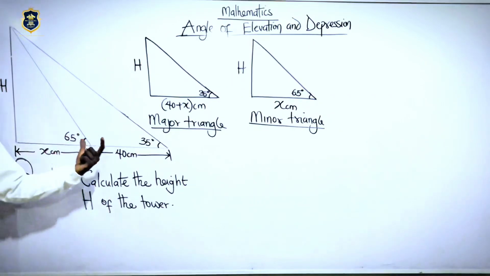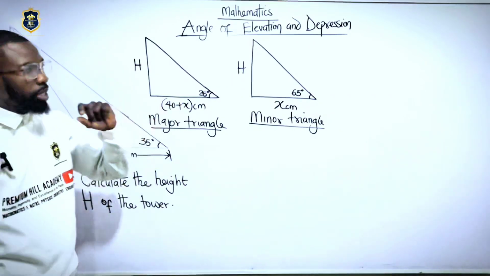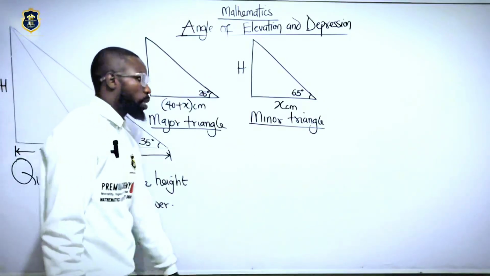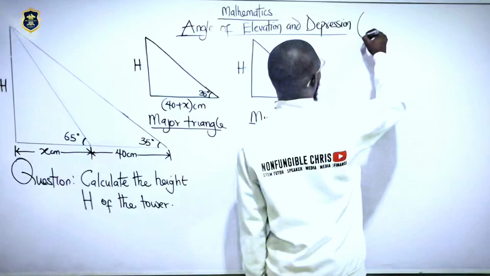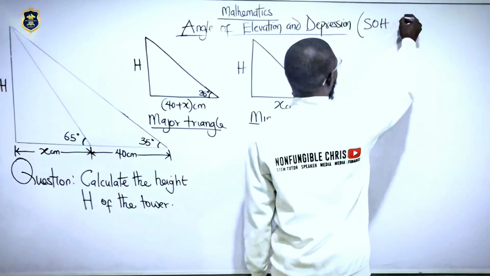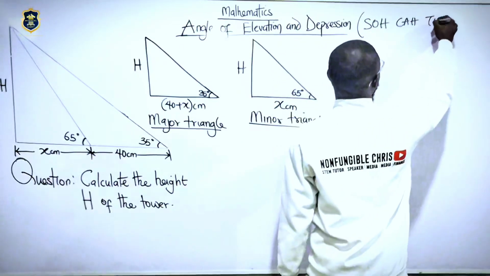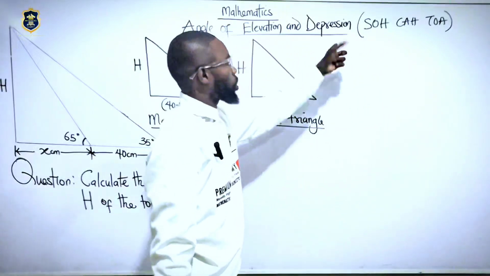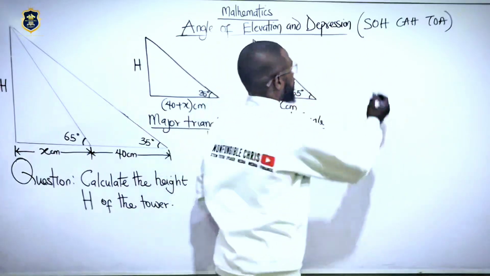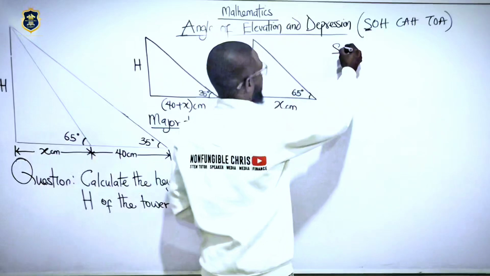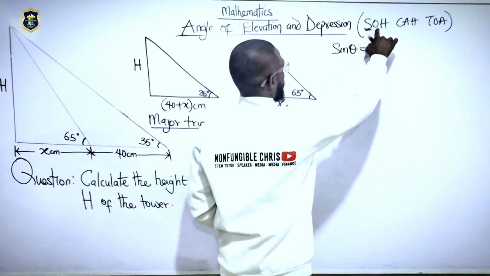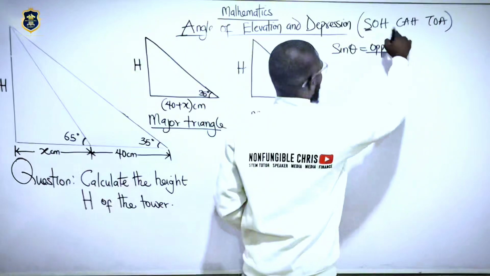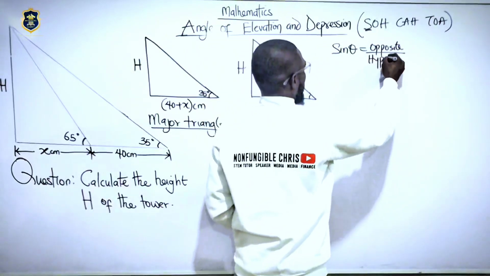It's very simple. We're going to relate them using our trigonometric ratios, which is SOHCAHTOA. I've taught this before. So what does SOHCAHTOA mean? In a nutshell, the S stands for sine theta, which is opposite over the hypotenuse.